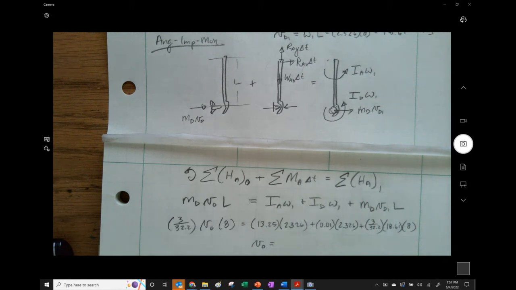Gotcha. So this whole thing on the right hand side is 30.82 if I did that right. Divide by 8, divide by 3, multiply by 32.2. And I say that it's 41.35 feet per second is what we're estimating.